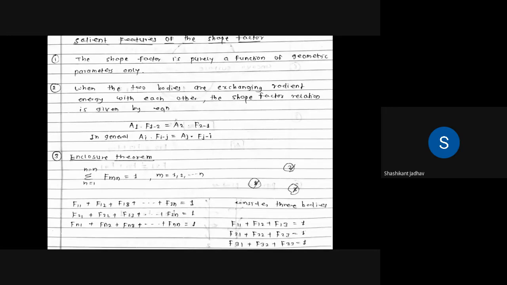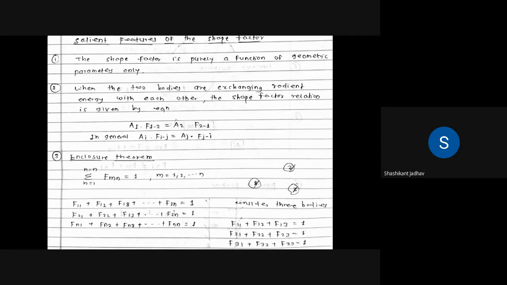When there are three bodies, there will be these 3 equations. Using these 3 equations we will find out the shape factors. In the same way, if there are 4 bodies, 5 bodies, then we have to write down the equations in that manner and we have to calculate the shape factors.